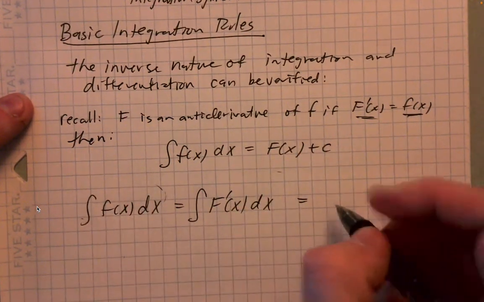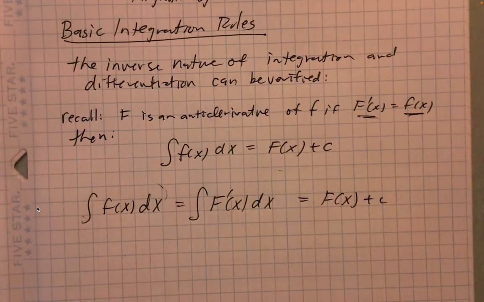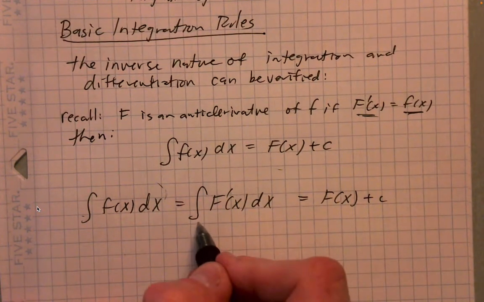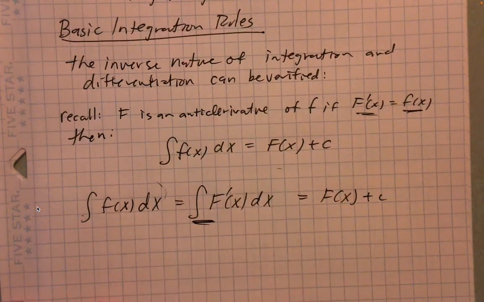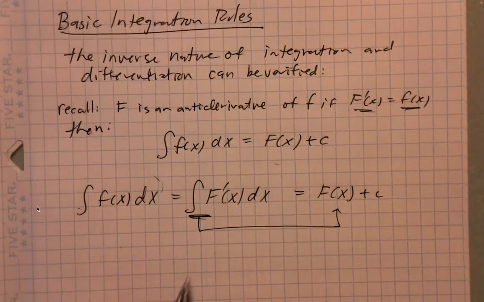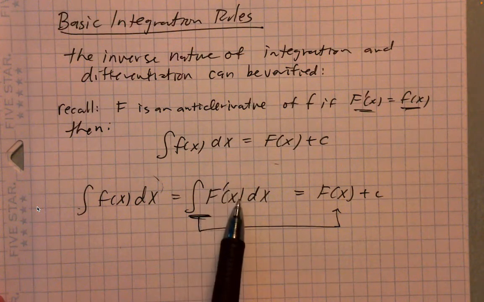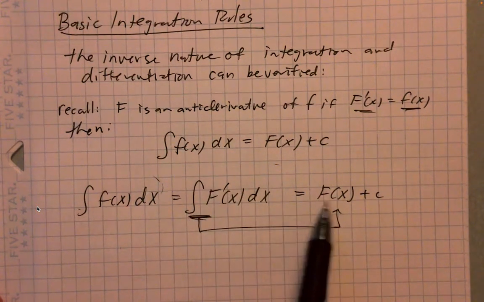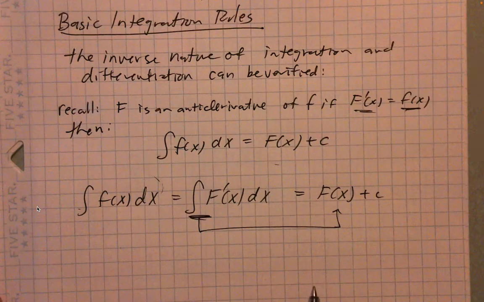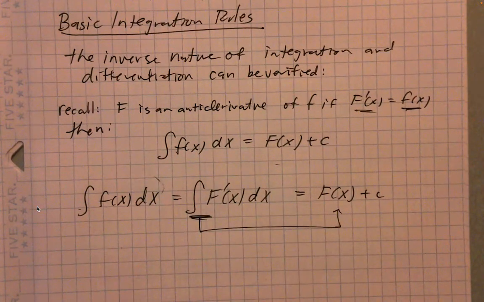And so, of course, this whole thing is just like so, right? And now look at what we have shown here, right? So if we take the integral of a derivative, we get back the original function, right? So we've got the derivative big F prime of x. When we integrate that, we get back to regular F of x. So this is one way to see the relationship between these two.